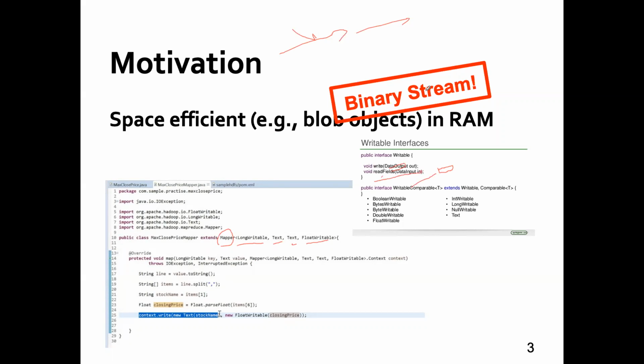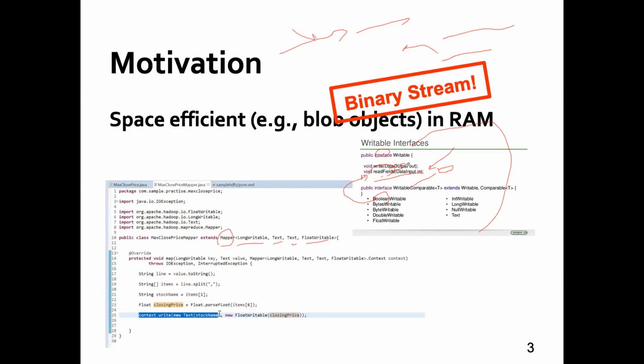You can read fields in a binary stream. For example, if your network sends you a stream or you have a file stream on disk, you will be able to read it one by one by calling this. This is called an interface in Java, which means it's an abstract function without any implementation, and you need to implement this interface. For example, if you have a bool, your bool may not know how to write its bytes into a binary stream.